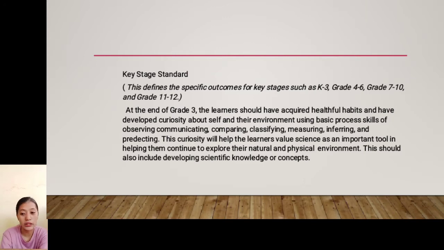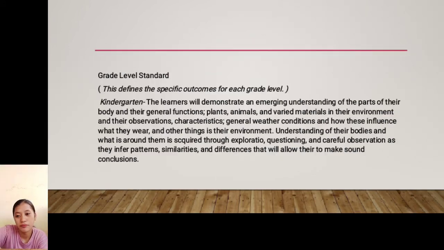At the end of grade 3, the learner should have acquired healthful habits and have developed curiosity about self and their environment using basic process skills of observing, communicating, comparing, classifying, measuring, inferring, and predicting. This curiosity will help the learners value science as an important tool in helping them to continue to explore their natural and physical environment. This should also include developing scientific knowledge or concepts.